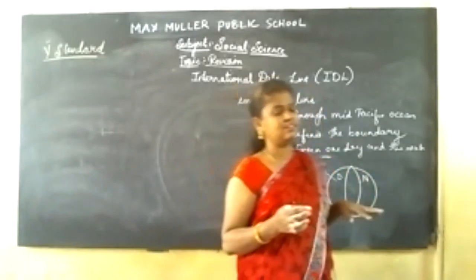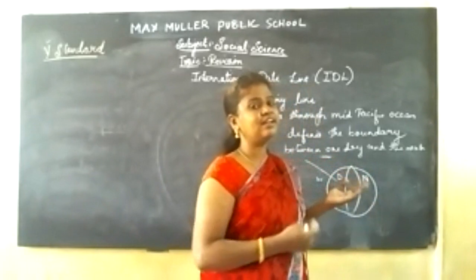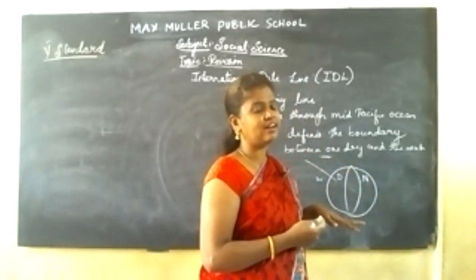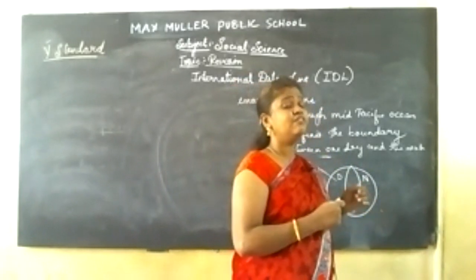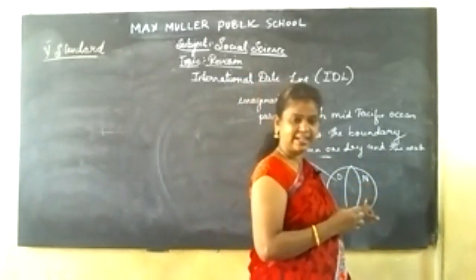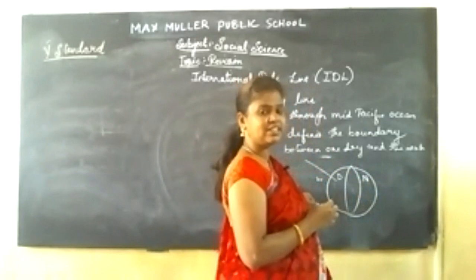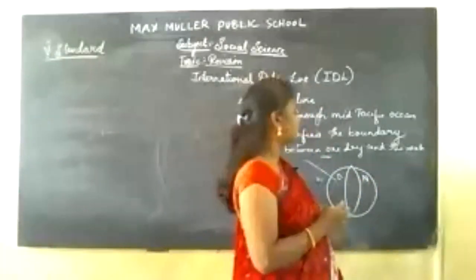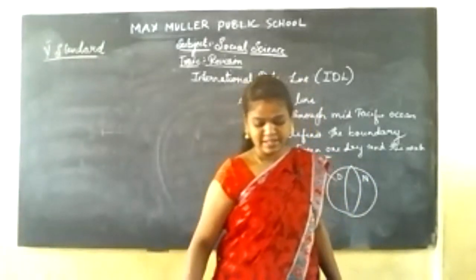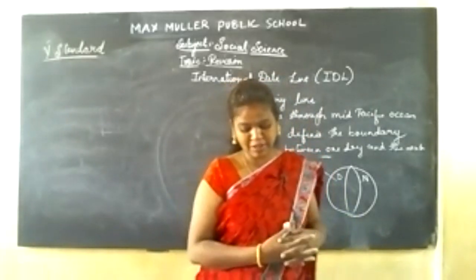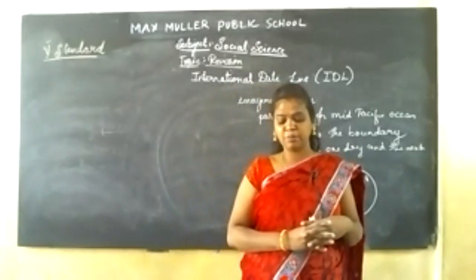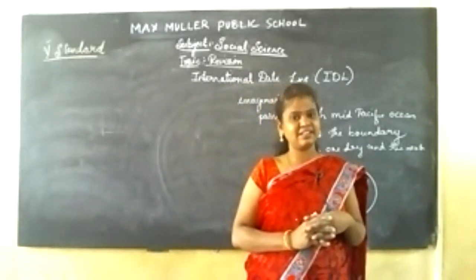When the west faces day, the east will have night. When the east is facing the sun, it will be daytime, and where the sun rays are not falling in the west, it will be night time. So this is the meaning of the boundary between one day and the next.